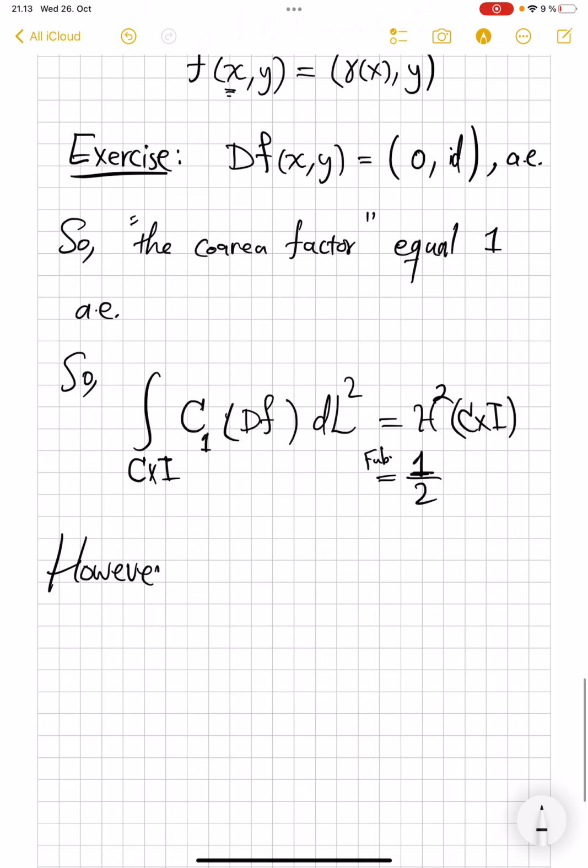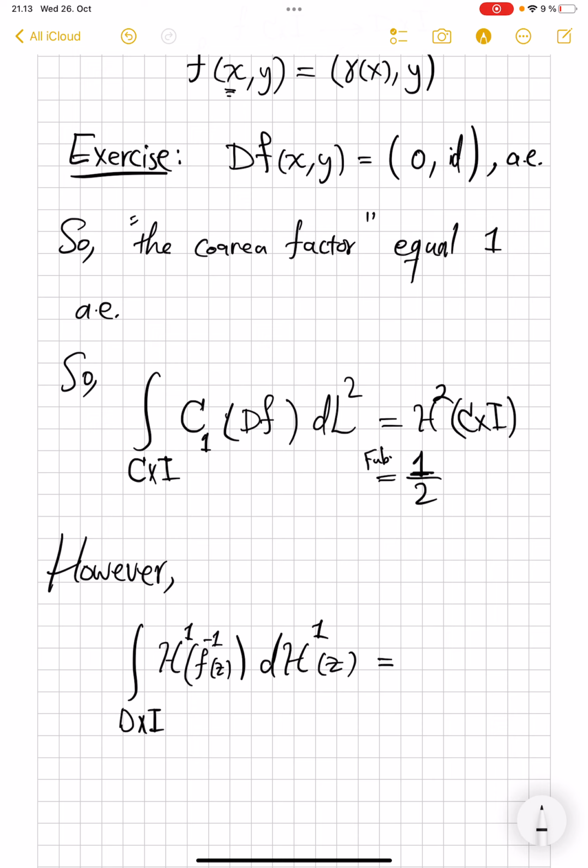And the Coarea formula is you integrate over your image, so C times I, with respect to H1 measure, and then here will be H2 minus 1, so which is again H1, of the pre-images of points intersected with this space domain.